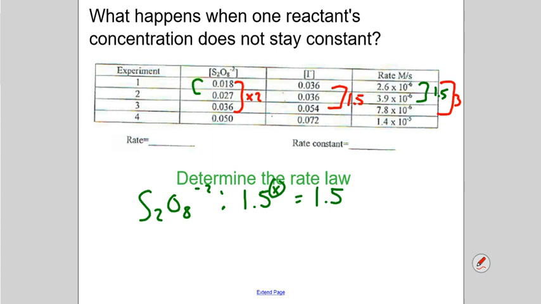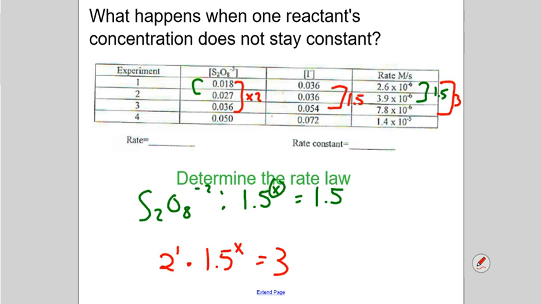So what I know is that S2O8, which I already know is first order, when it doubles, times the 1.5 change from iodide to the power of x, I should get my rate to triple.